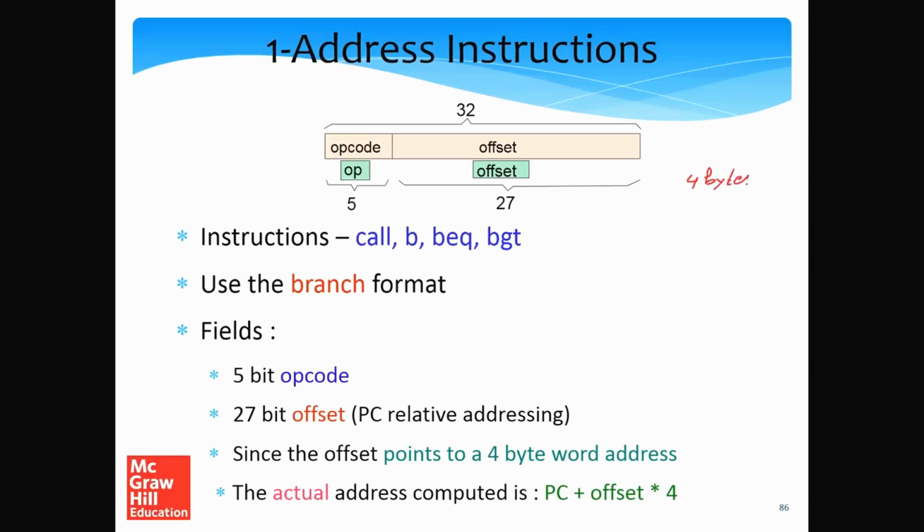If all our instructions are 4 bytes each, and we assume that all instructions start at an address that is a multiple of 4, then we will have addresses of this type: 1000, 1004, 1008, and so on, right? So all of these numbers are multiples of 4. Any number that is a multiple of 4, when it is written in binary, which is a language that the computer understands, its last 2 bits will be 00.